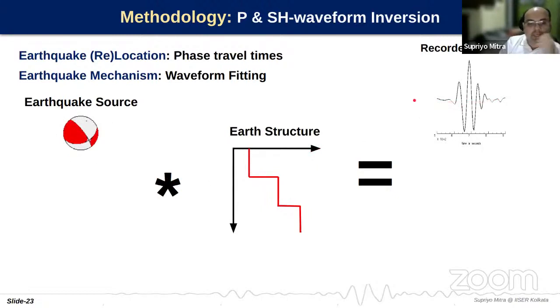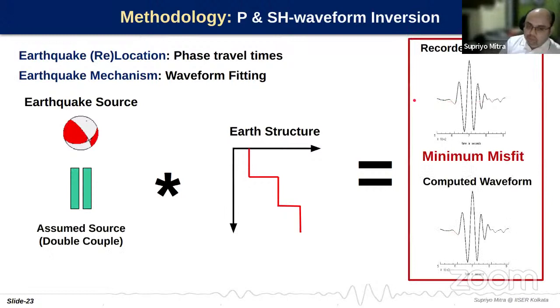What we do is we assume a double couple source, in this case. We can also do a moment tensor inversion. We convolve that source with the earth structure and compute a waveform. And then we keep on updating our assumed double couple source model till we get a minimum misfit between the recorded and the computed waveform. At that point, the double couple source that we have is the mechanism for the earthquake.